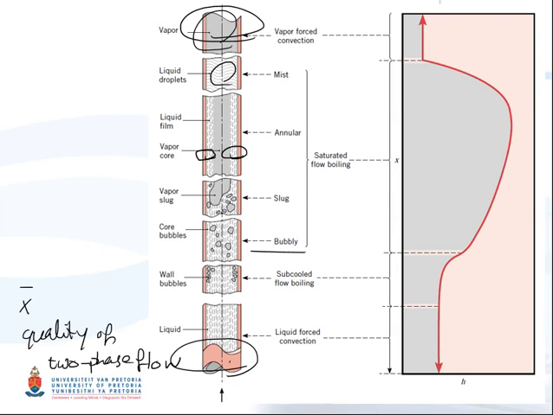And if we want to determine the heat flux in internal flow boiling without going through the difficult concept of two-phase flow, we can add forced convection and pool boiling heat fluxes together as a rough estimation.